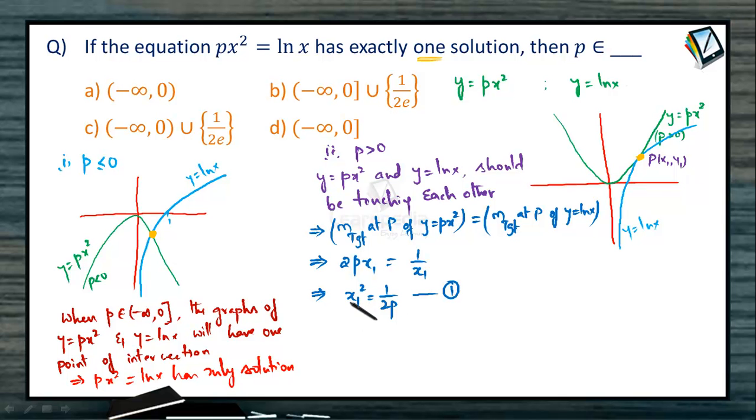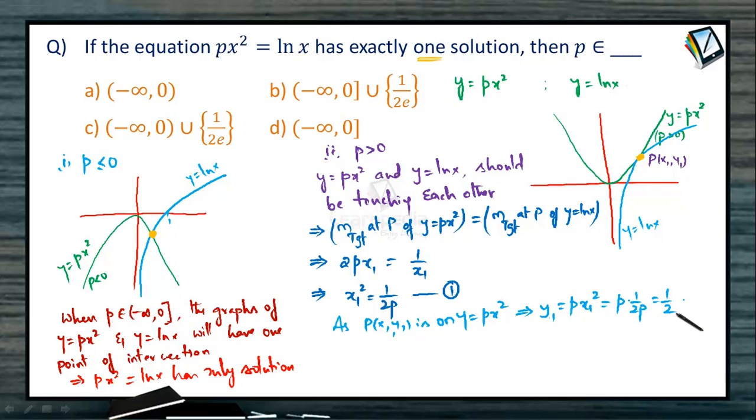Now we got a relation for x1 in terms of p. As the point P, which is assumed to be x1, y1, is on y equal to px square, when will this point be lying on the curve? Provided y1 is p times x1 square. But just now we got the value of x1 square. This is p times 1 by 2p, that is half.